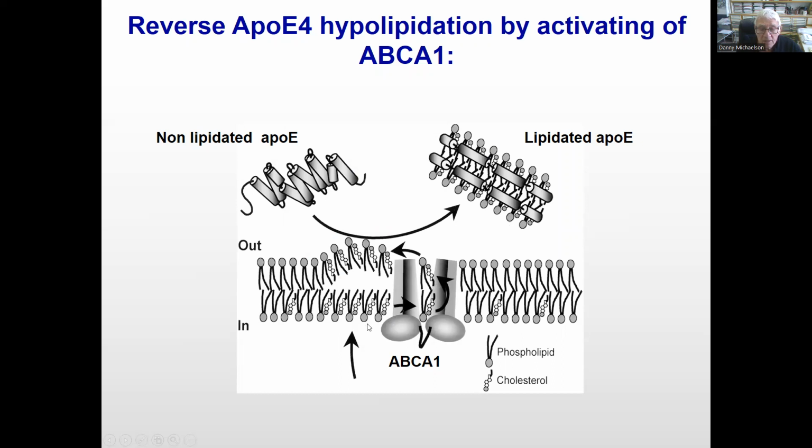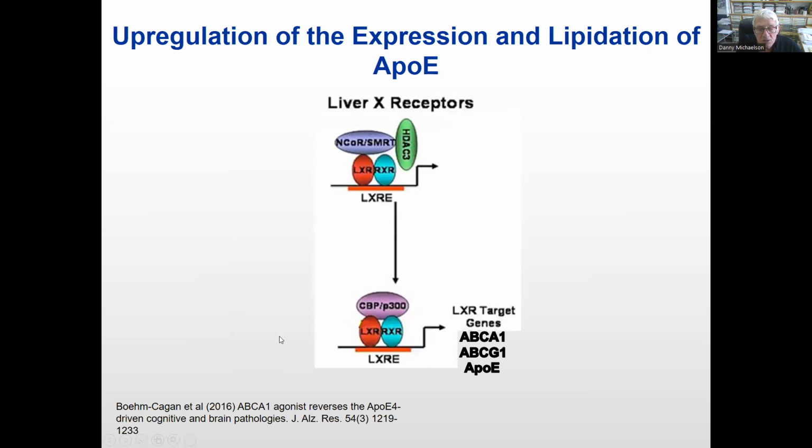So ABCA1 does this, and we wanted to ask the question whether, by playing with ABCA1, we can correct the hypolipidation of ApoE4, and whether this has any merit in counteracting the pathology of ApoE4.